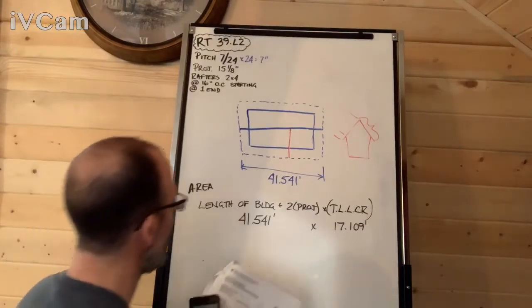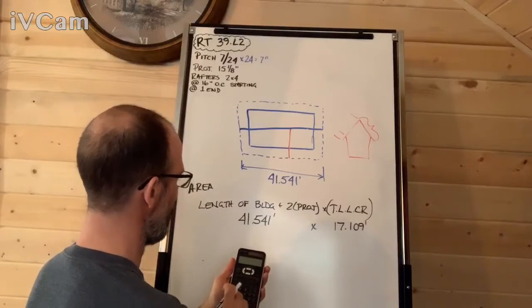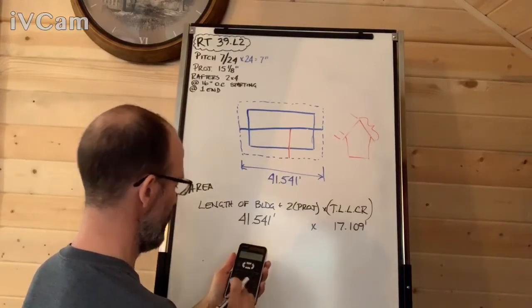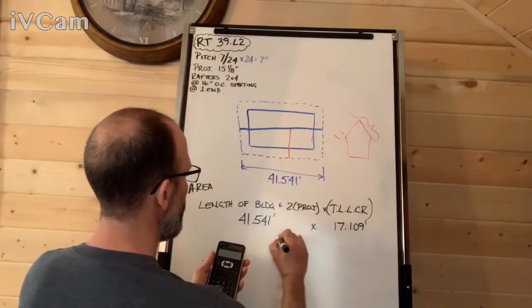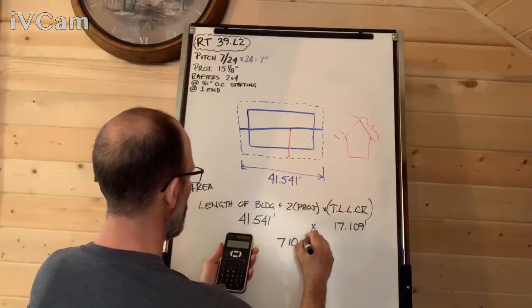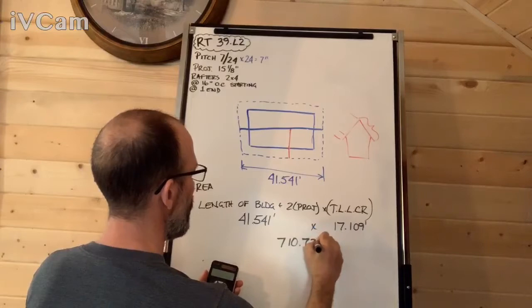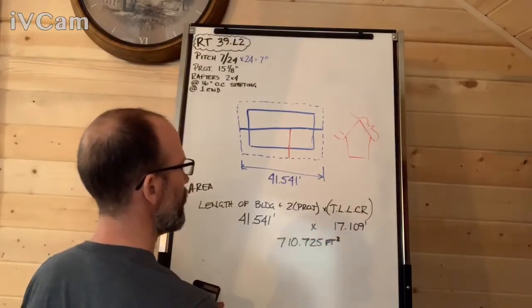Take that, put it in my calculator. 41.541 times 17.109 equals 710.725 square feet.